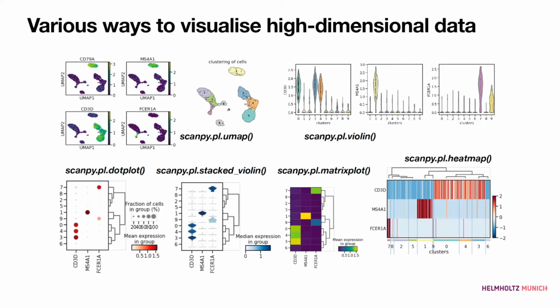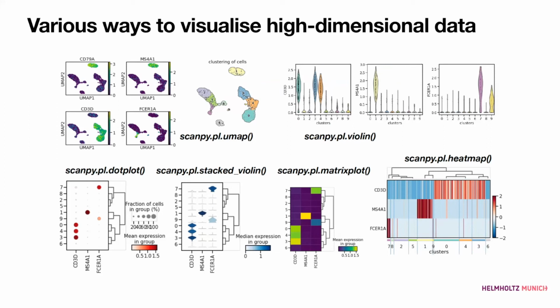Okay. So we were at visualization. I just wanted to show you a few other ways of how you can visualize the data. Of course we can do UMAPs or other types of 2D projection methods that I've shown you on the previous slide.